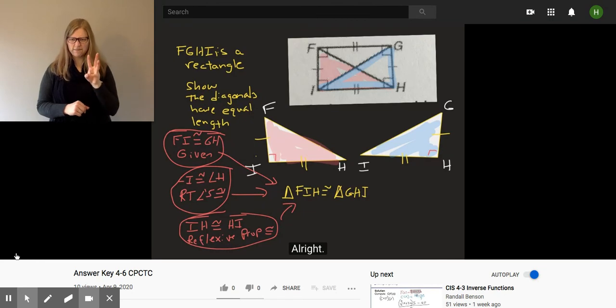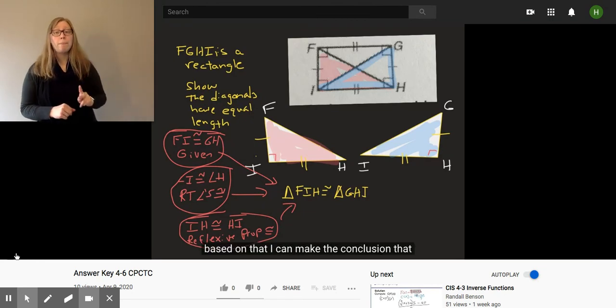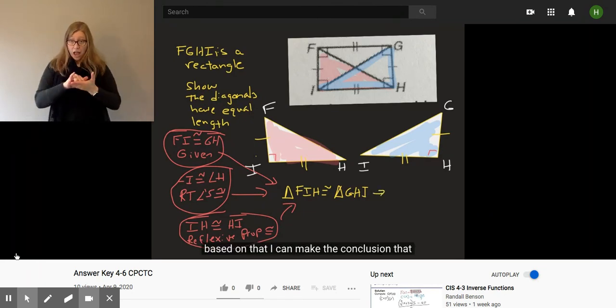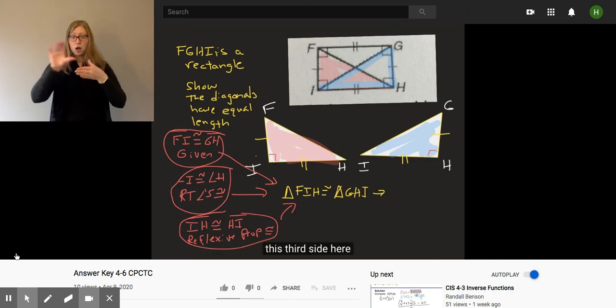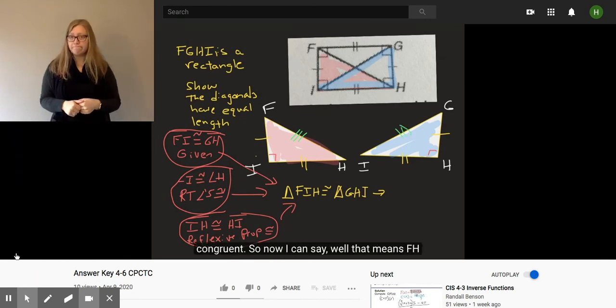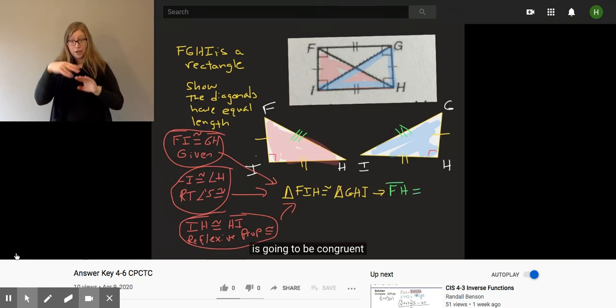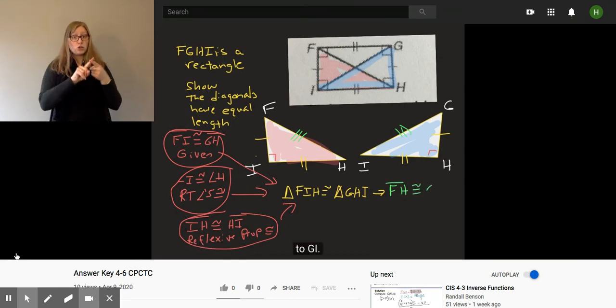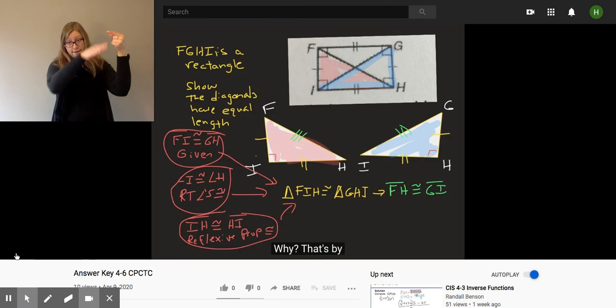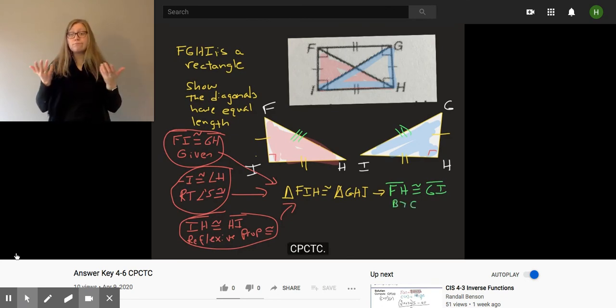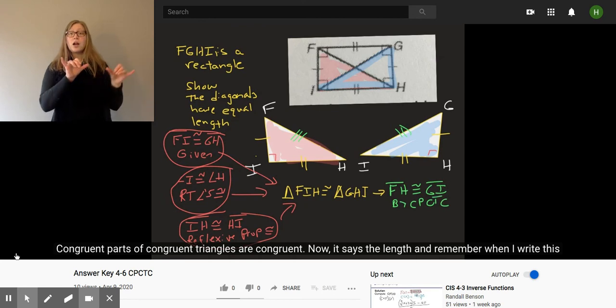All right. And based on that, I can make the conclusion that this third side here is going to be congruent. So now I can say, well, that means FH is going to be congruent to GI. Why? That's by CPCTC. Corresponding parts of congruent triangles are congruent.